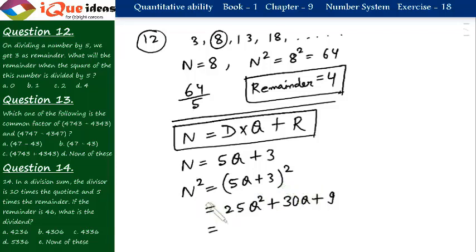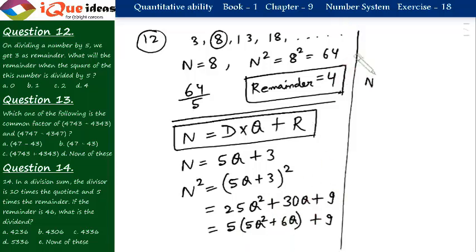Out of the first two, take 5 common. So you will have 5 into 5q square plus 6q, the whole thing, plus 9. So this is our new number, that is n square is 5 into (5q square plus 6q) plus 9.